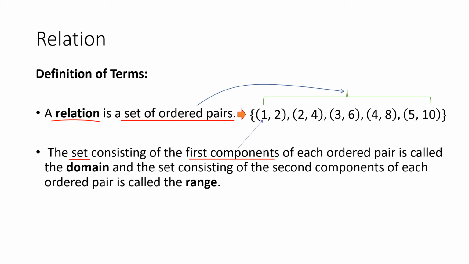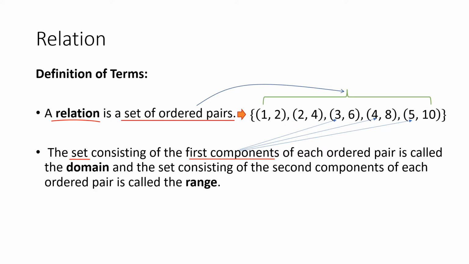We have 1, 2, 3, 4, and 5. These are the first components of the given ordered pairs.